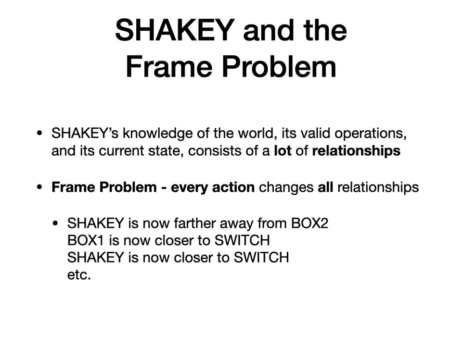So Shaky's knowledge of the world, the operations that it has available to it, and its current state, there are a lot of relationships between all of these things, right? Let's say there's 10 boxes, there's distances between all the boxes, right?